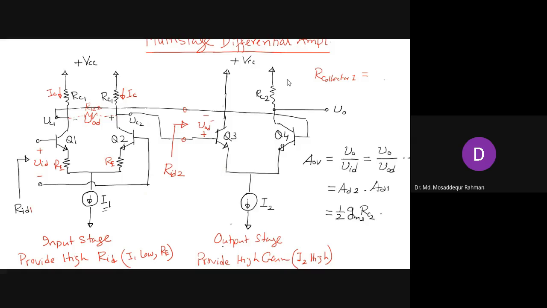Can anyone remember what the effective resistance will be?